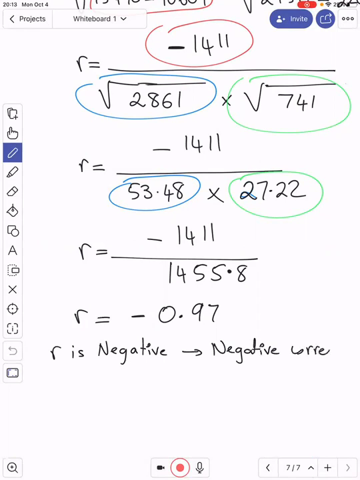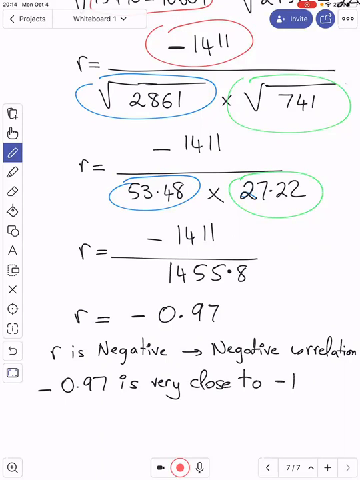Now, is this linear correlation strong, moderate, or low? Well, it's negative 0.97. It's very close to negative 1, right? It's almost negative 1.